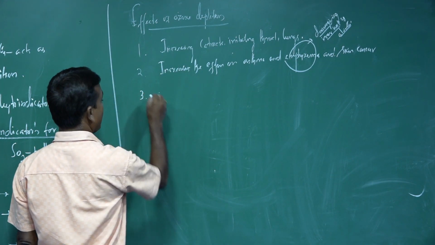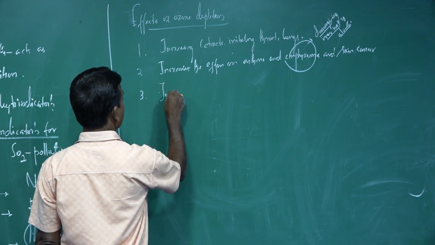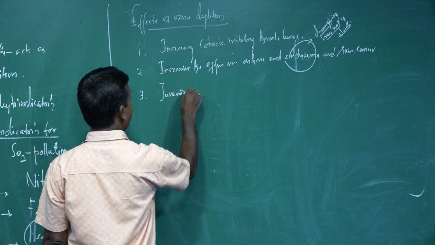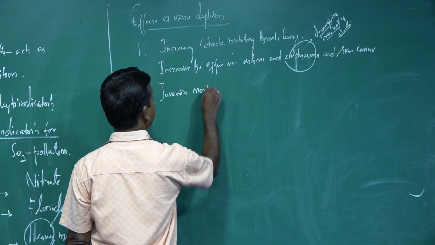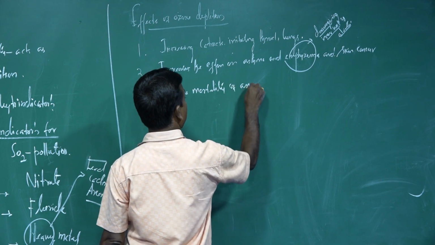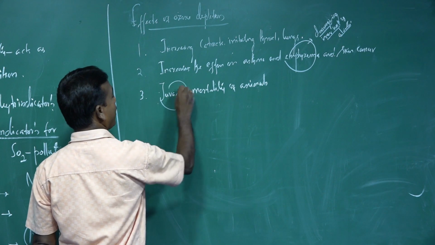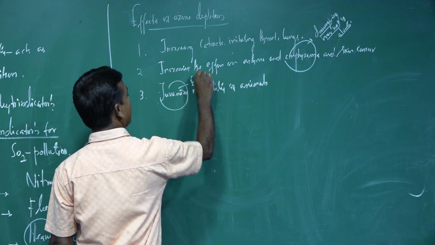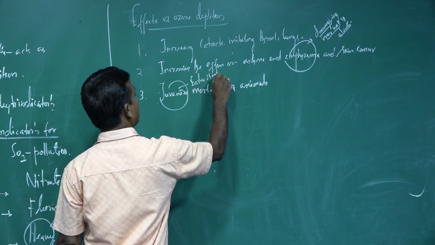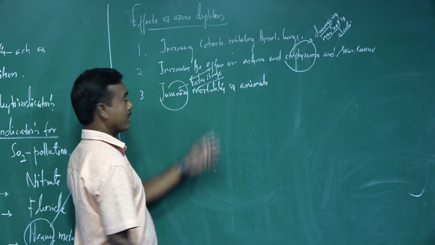Then the third one is juvenile mortality of animals. Juvenile means early stages, so some organisms die at the early stages.